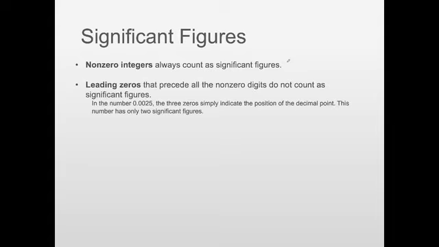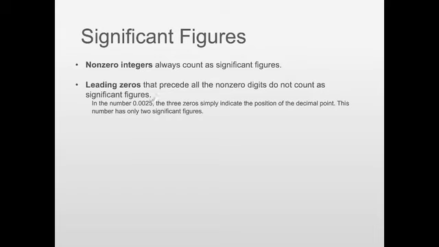All right, leading zeros. These are zeros that are going to precede the non-zero digits, but those do not count as significant figures. For example, here, these two digits right here, these zeros simply indicate the position of the decimal point.